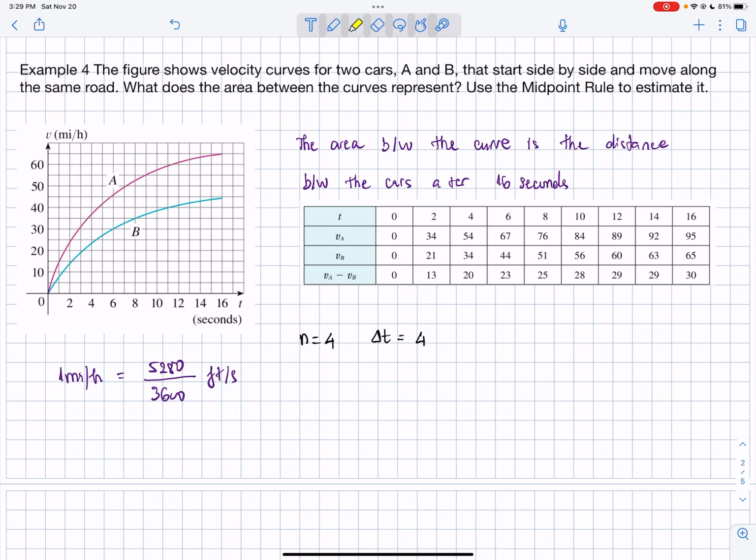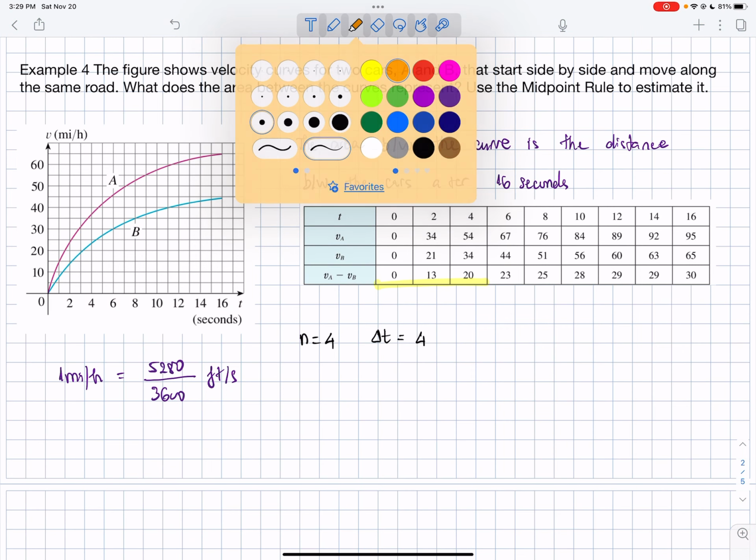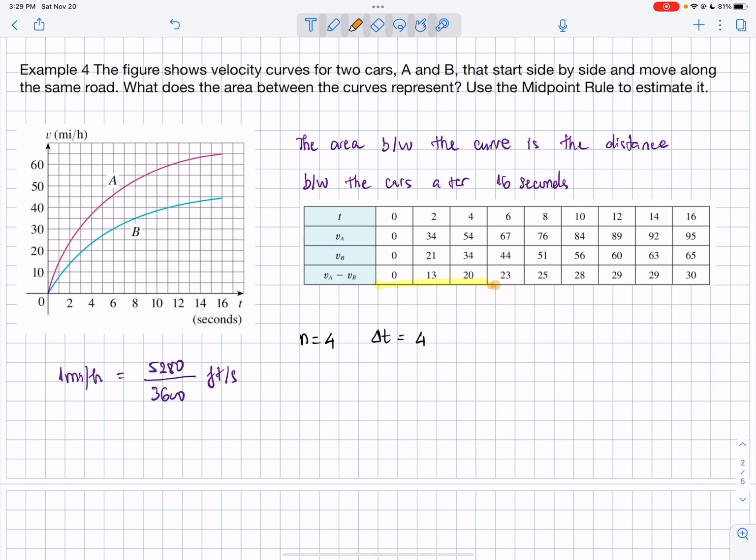From 0 to 4 is 1 rectangle, from 4 to 8 is 1 rectangle, from 8 to 12 is another rectangle, and from 12 to 16 is another rectangle. Okay, so we use the midpoint.